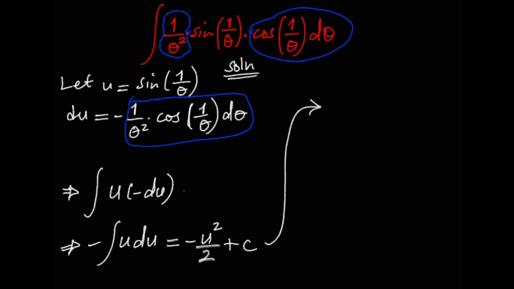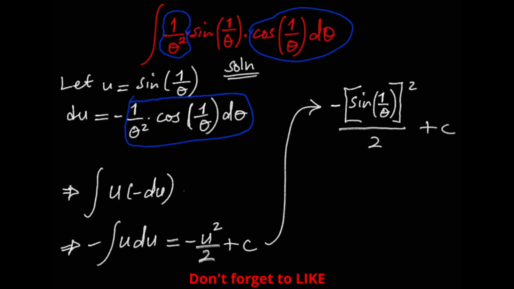Let's complete this. So this is going to be negative, and instead of u we are going to have sine 1 over theta, and this whole expression squared, then divided by 2, plus c.